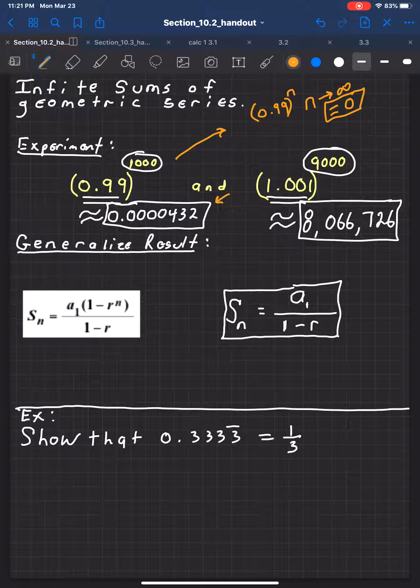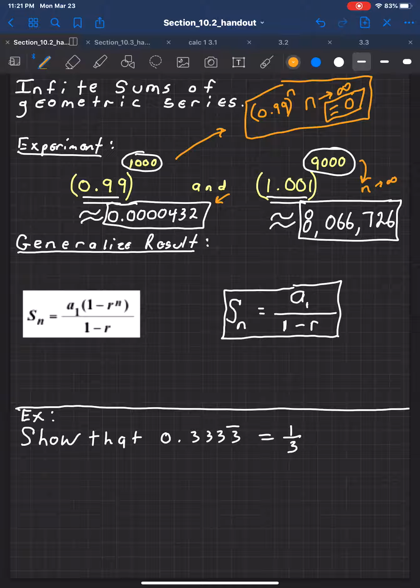This is going to be the generalization, the statement that we're going to make. Maybe you could try to make a statement about what happens to 1.001 as n approaches infinity. What you would be able to say is that it approaches something.